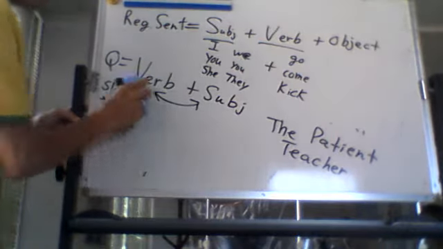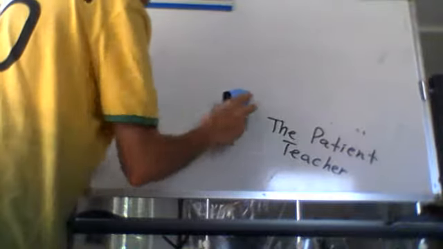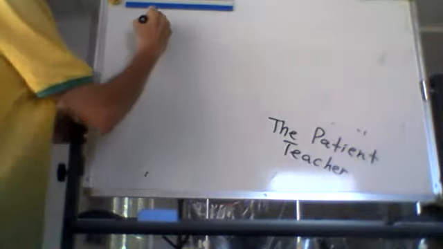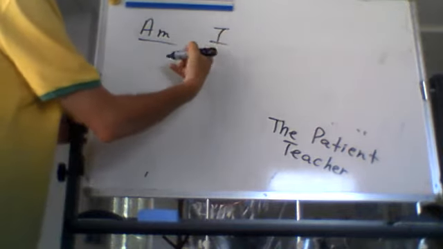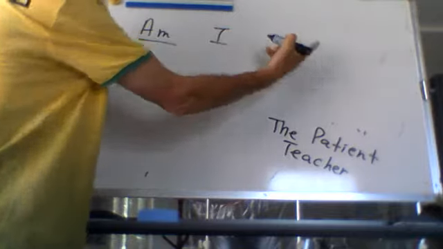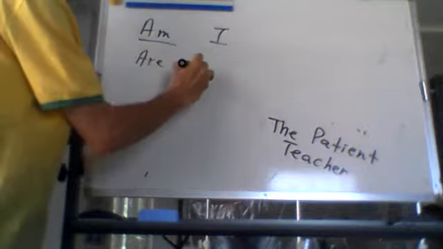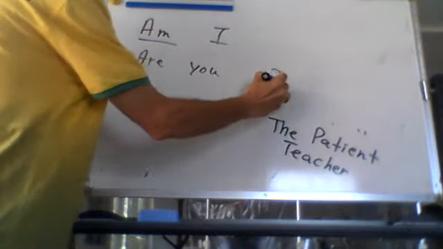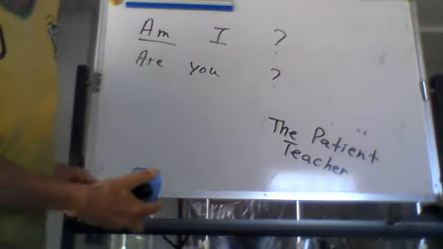Now, if you're not using the 5 W's, you could have a sentence like, am I, right? Verb, subject. Am I allowed to come, right? Or are you coming, right? So verb, subject in a question, okay?